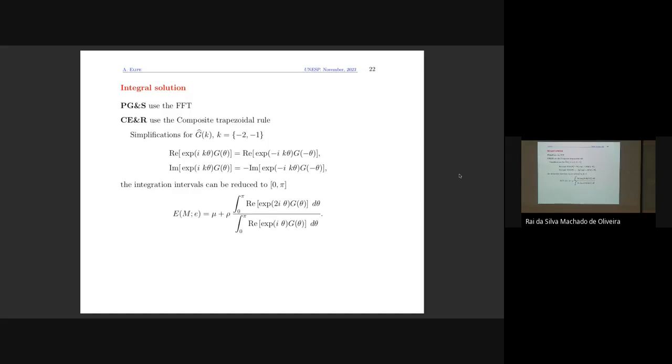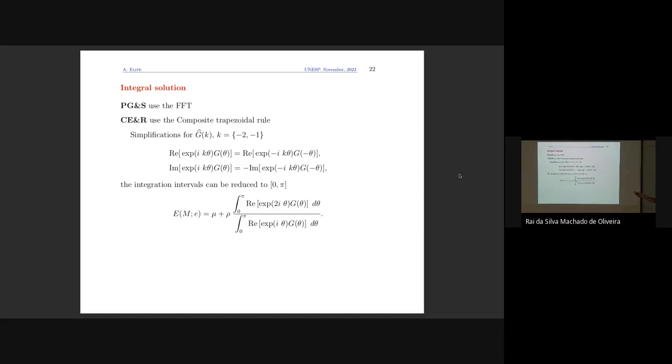And again, with the other colleagues, Philcox, Goodman, and Slepian, they use the fast Fourier transform, and in our case, we use the composite trapezoidal rule that I explained in the video the other day. And in our case, there are some simplifications because we need only two numbers, while they have to obtain all numbers and then select these two.